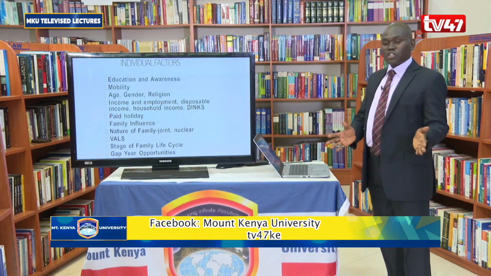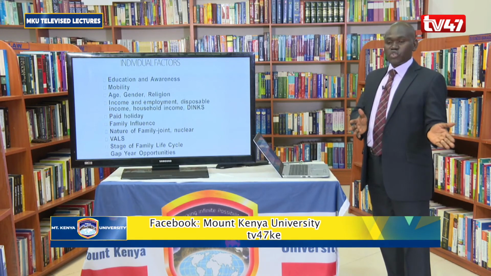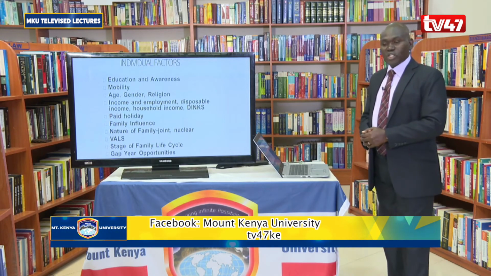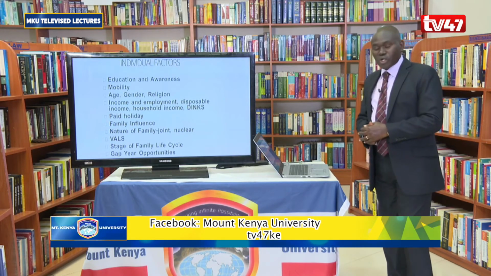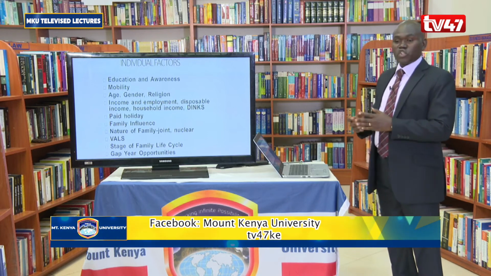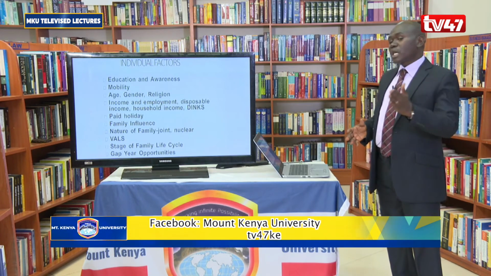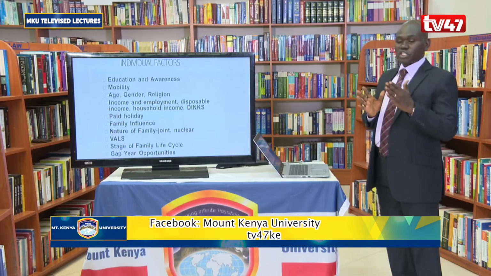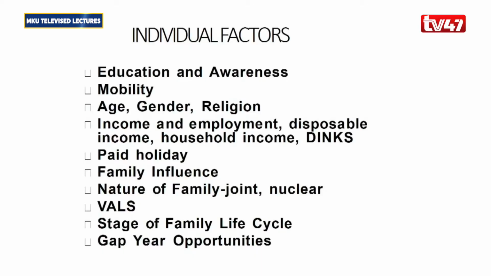Then they get school-going children, and all the way to what the marketers will tell us, we call the empty nest one, where children have left home, but they still come back. And then empty nest two, where children leave home, never to come back. And that is followed by that stage we call the solitary survivor. And solitary survivor, here we are talking about when one of the partners has left this world. So you are left alone.